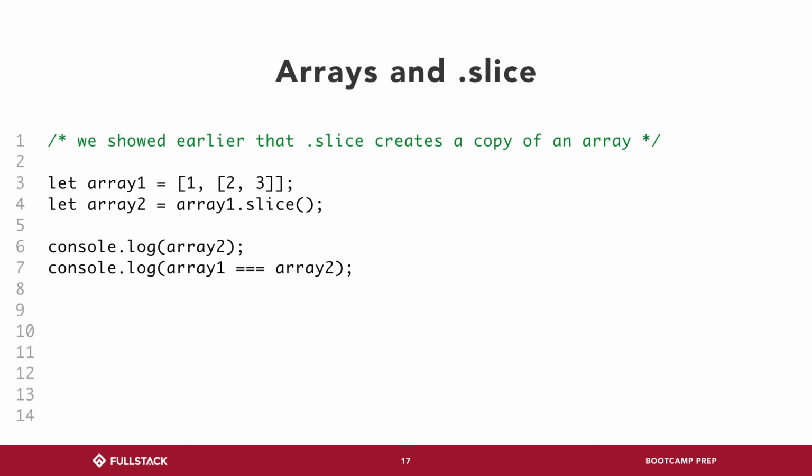So things can start to get funky when we have nested arrays with the slice function. So remember that what slice does is create a copy of an array, but it creates a shallow copy. So array 1 is an array that has an index that is also an array.